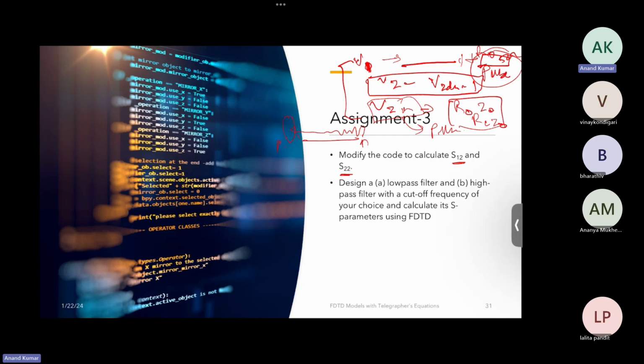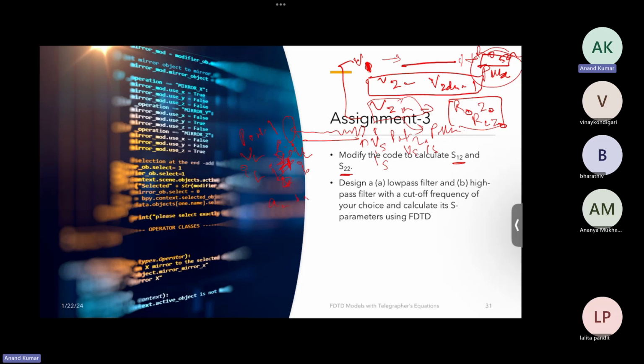Record the values of VS and IS, since the source is over here, and since now the load is over here, VL and IL over here. So in this case, your port 1 has VL and IL, and your port 2 has VS and IS.